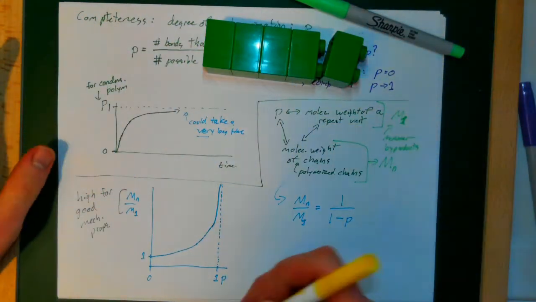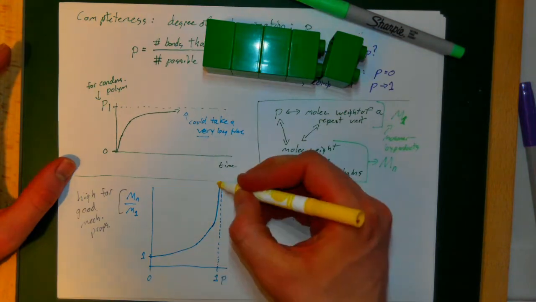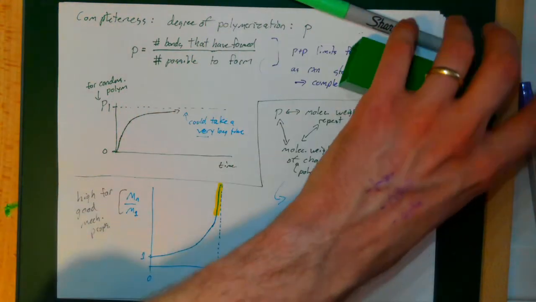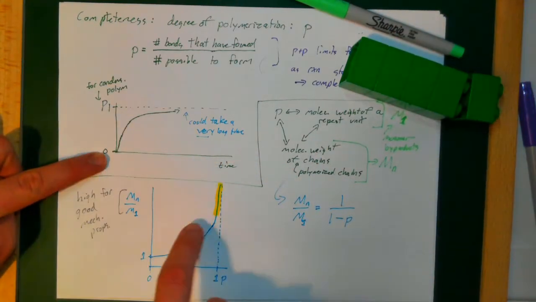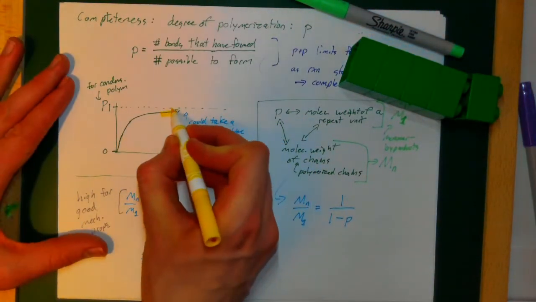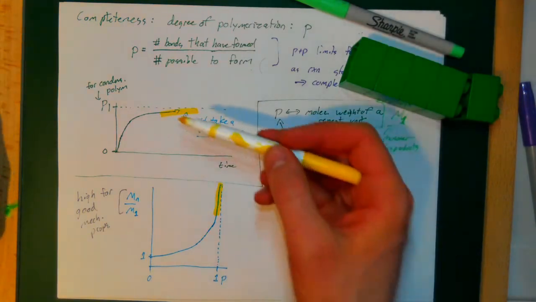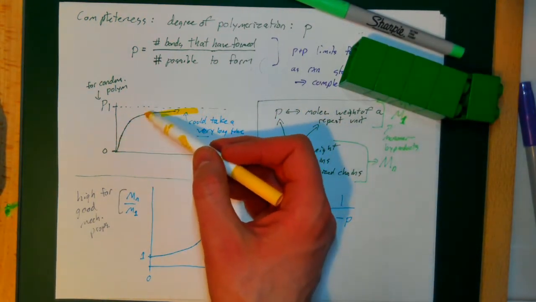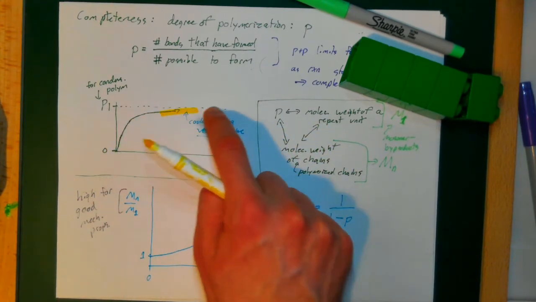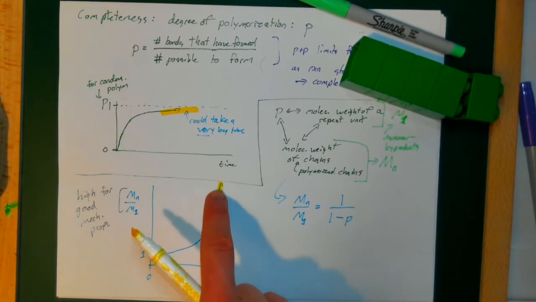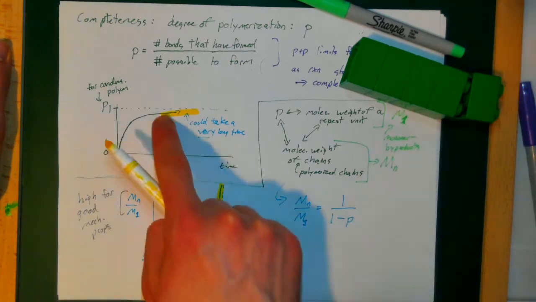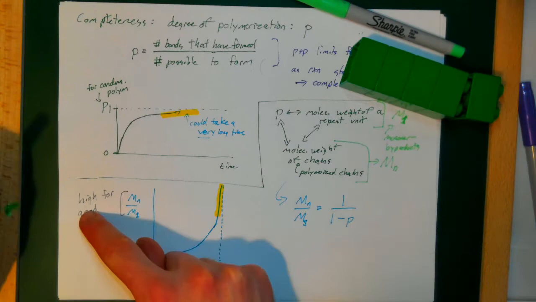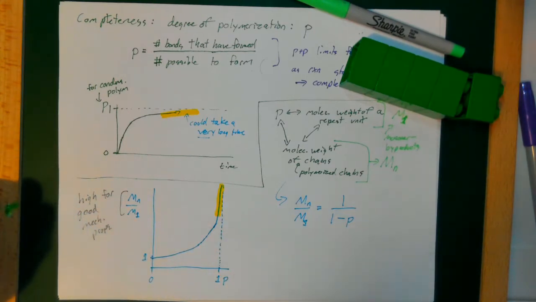That means we want P to approach 1, so we want to be in this region right here. But the unfortunate thing is, in order to get P here, we need to wait a really long time. I get most of my polymerization done here, but what I really want is to be all the way out here such that I can get my molecular weight as high as possible, but that takes forever. So there's this trade-off between getting high molecular weight and driving that reaction all the way to completion.